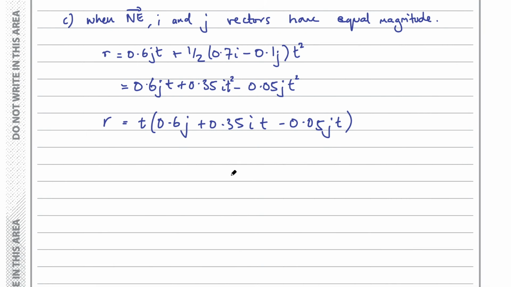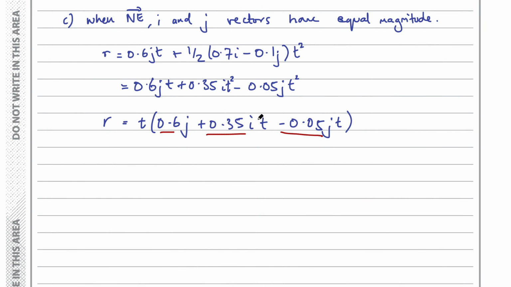And remember we said the i and the j vectors needed to be equal. The only way we can have these magnitudes to be equal is to find an appropriate value for t here. So what I want is for the magnitudes in here to be equal. So I want this 0.6 subtract 0.05 times something equals 0.35 times something. So I can solve that easily because I've just got one unknown in there.